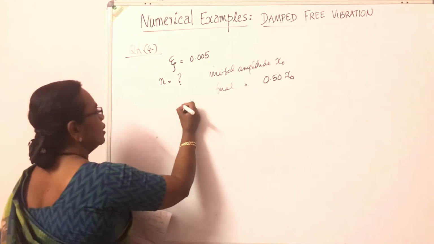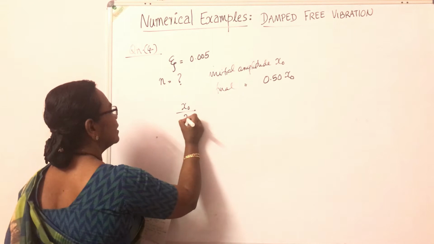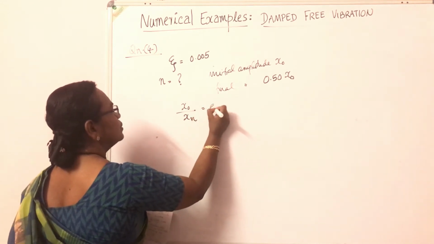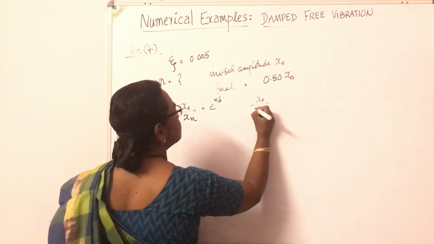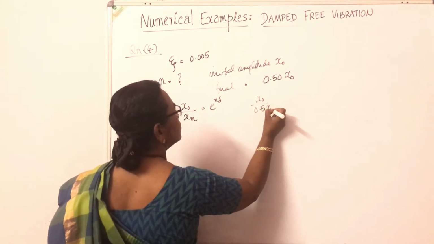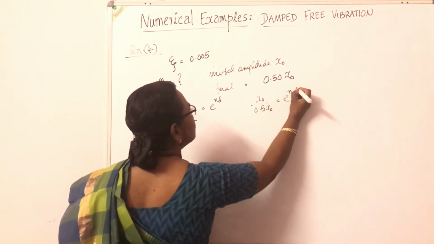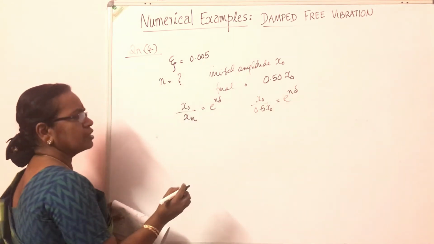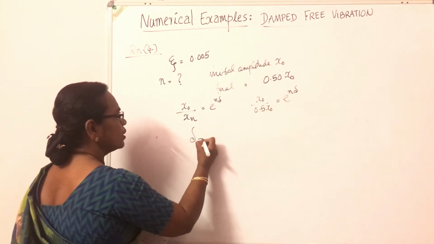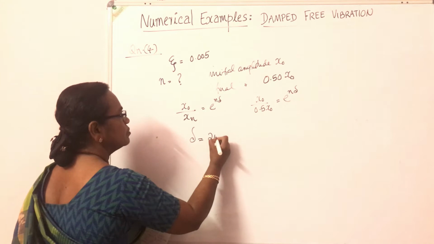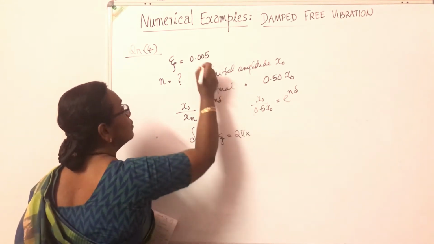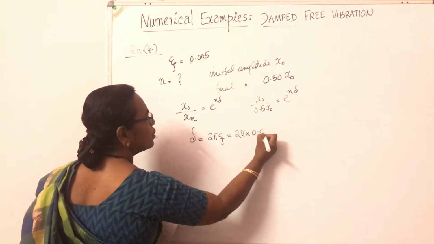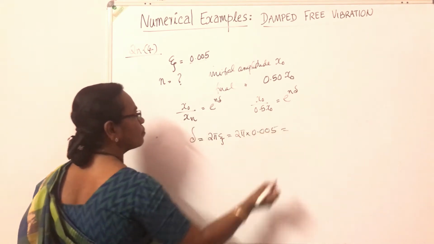So we have x0 by xn is equal to e raised to n delta, or x0 by 0.5x0 is equal to e raised to n delta. We are asked to find n. What is delta? The logarithmic decrement is 2 pi psi, and we are given psi as 0.005.